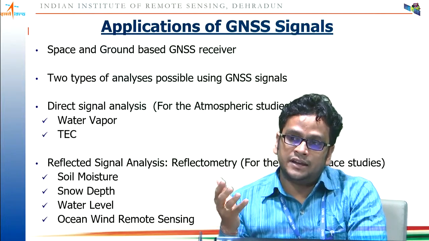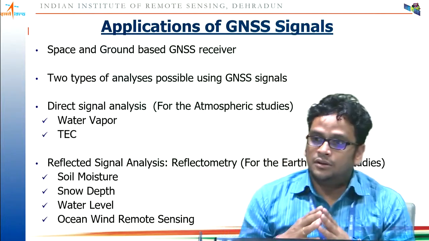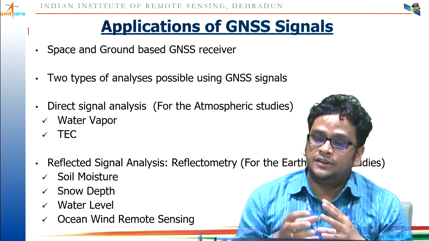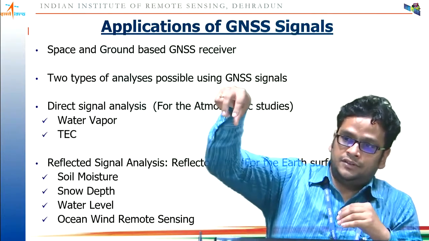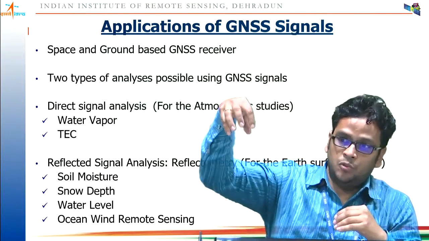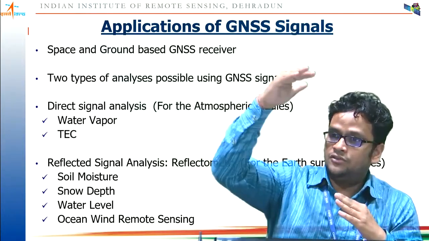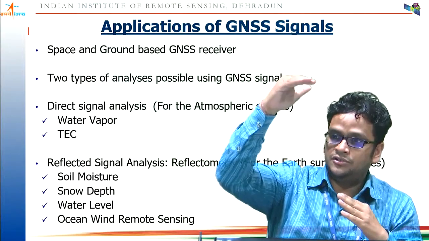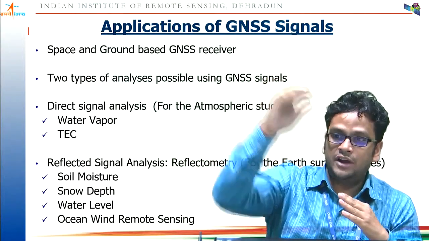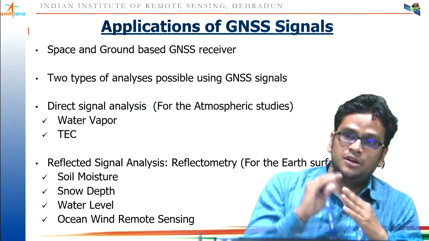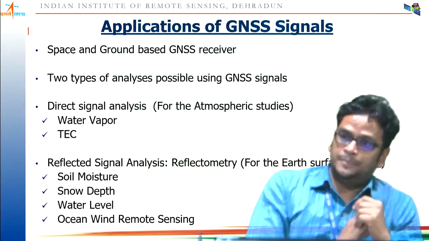Now apart from that, we are fixing our GPS receiver on space bodies, meaning a satellite. As I told you, GPS is at around 20,000 kilometer altitude, and the lower altitude will be around 700 to 800 kilometers.